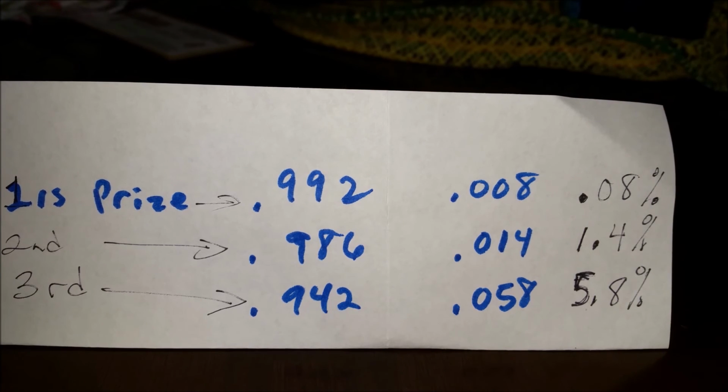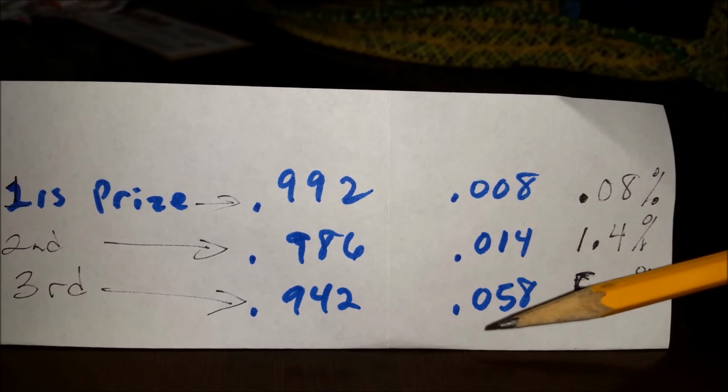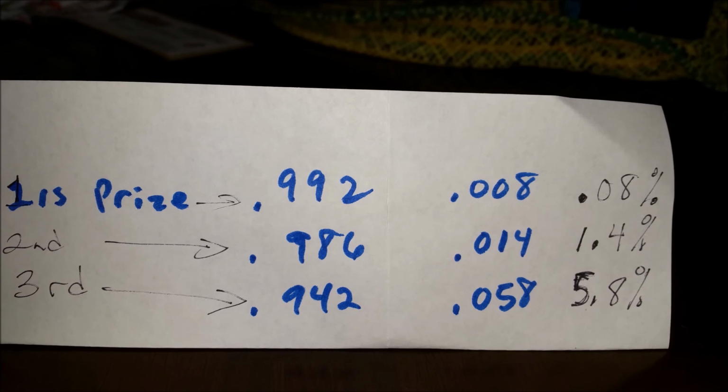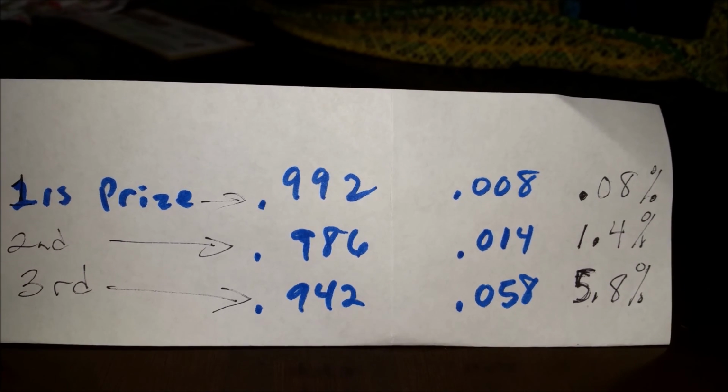It almost seems inconceivable that she did, based on all the odds that we're looking at. But there has to be something that she did to win so many times on those scratchers. And we'll be talking about that in my next video.